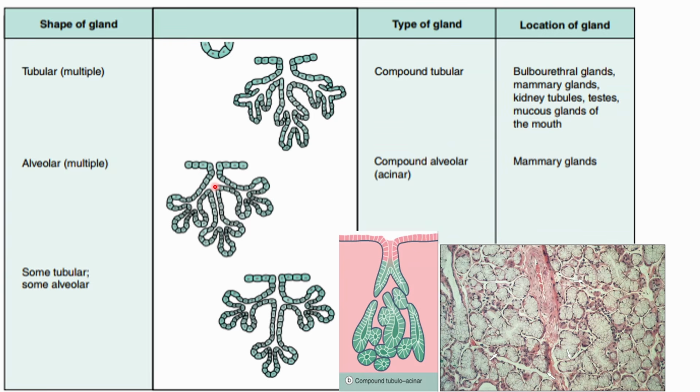Okay? This is compound tubular alveolar. So guys, if you see multiple secretory units like this, it's so complicated. Most likely it will need a complicated, branching tree-like structure for the duct system, so it will automatically be classified as compound.